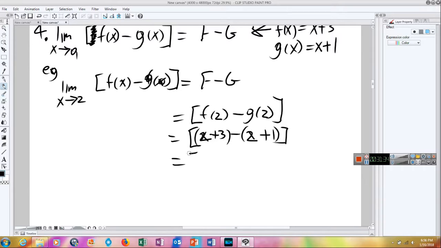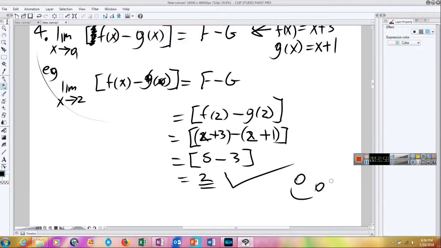And then we say 2 plus 3 is 5 minus 2 plus 1, 3. And that's equal to 2. So we proved them wrong. The answer to life is not 4. Well, maybe it's not 2 either, but we got the answer.